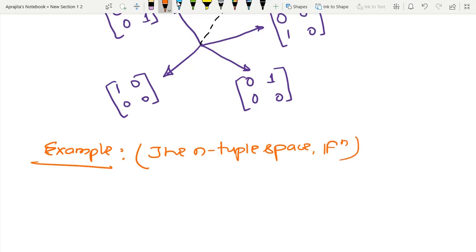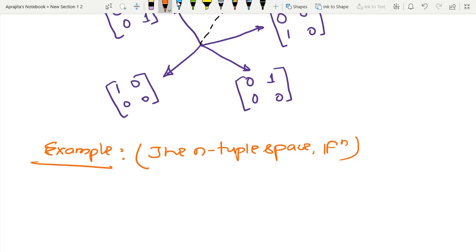If this field F is the real numbers, then that space is called a real space. If it is the complex numbers, then it is called a complex space. Sometimes this field may be anything, provided that it satisfies the axioms of a field.